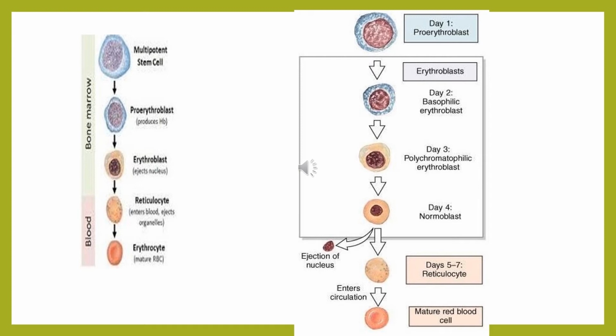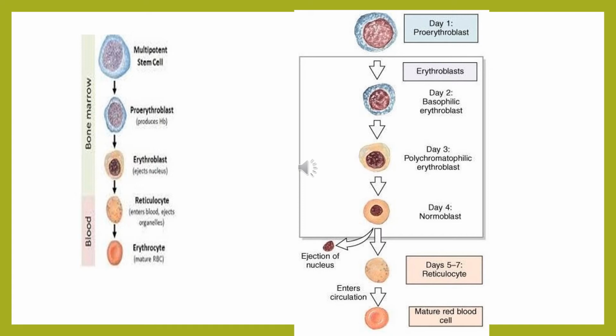The same chart is given on another side with the number of days. On day number 1 of erythropoiesis, the hemocytoblast, or the multipotent stem cells of the bone marrow cavity, get divided and differentiated into the proerythroblast.